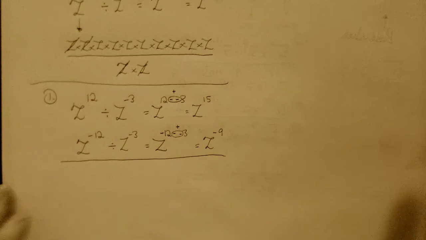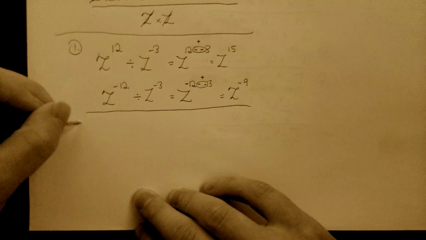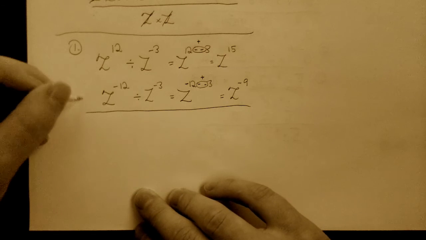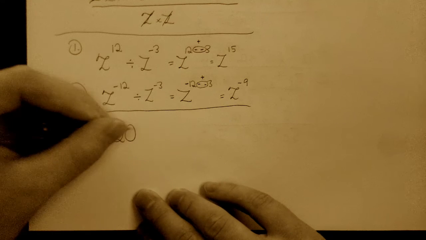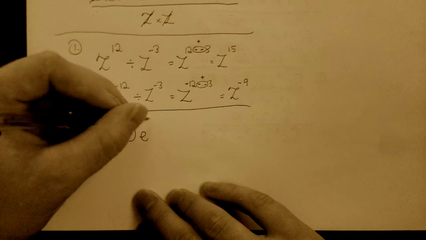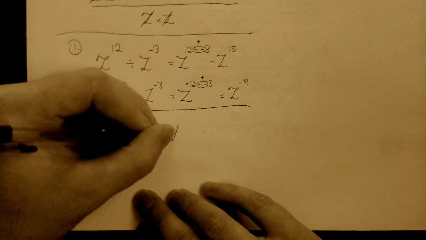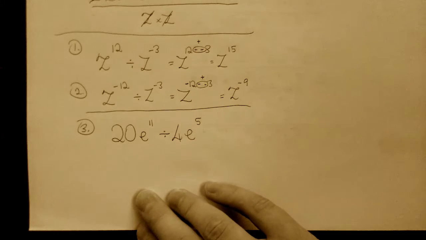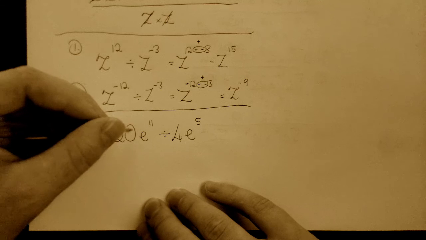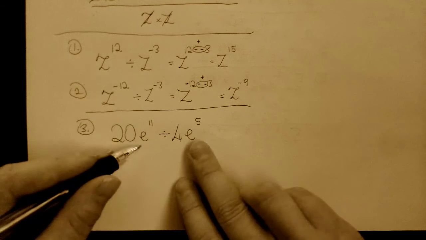And lastly, like we had with the multiplication, we can have numbers in front of these variables. So if I've got 20 e to the power of 11 divided by 4 e to the power of 5, well, if you remember back to our multiplication, we're going to deal with these separately.